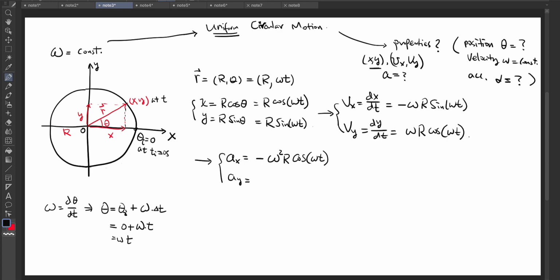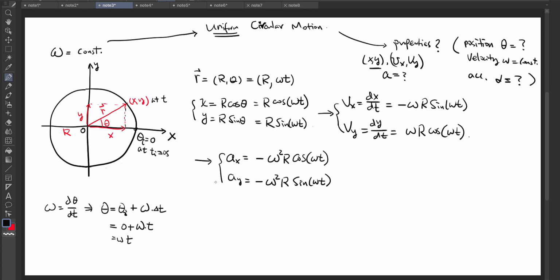And ay equals, now we bring out a negative sign, negative omega squared times r sine omega t. Now you can say we fully understand this object's motion because we know position, velocity, and acceleration.